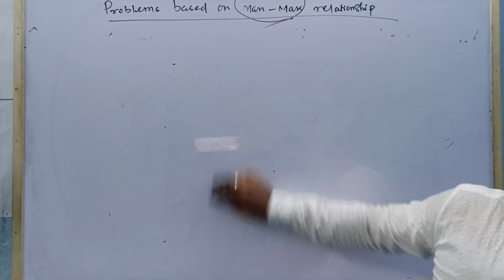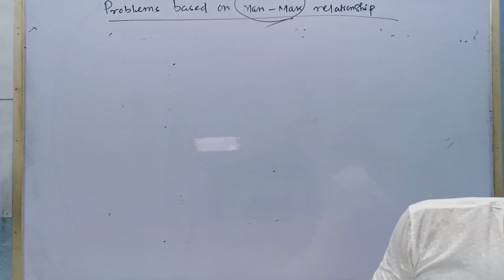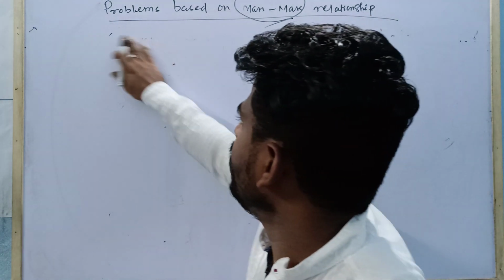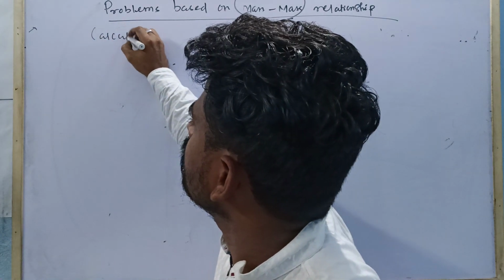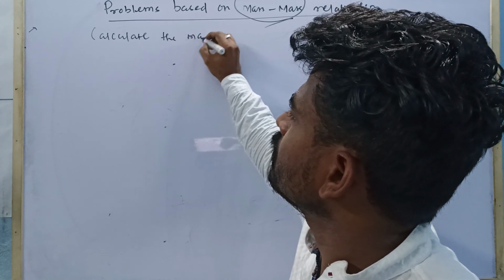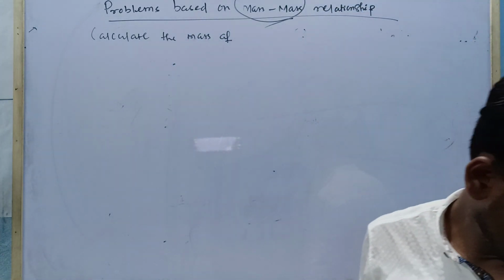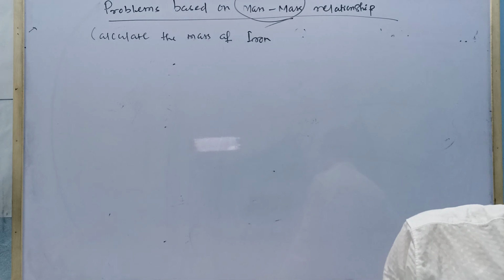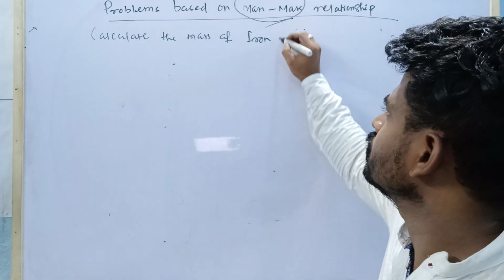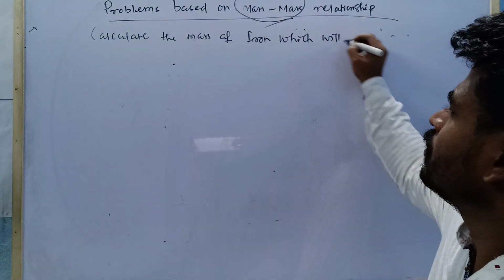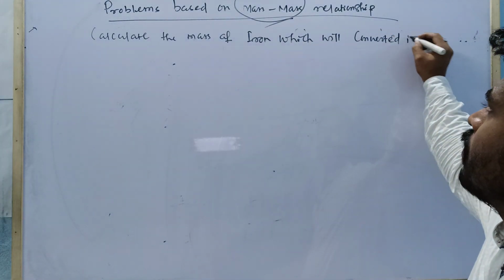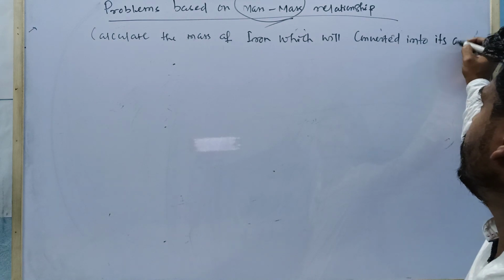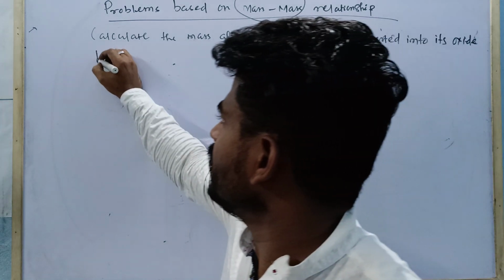Next, calculate the mass of iron which will be converted into its oxide, that is Fe3O4.